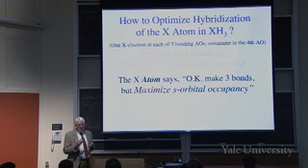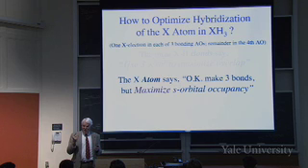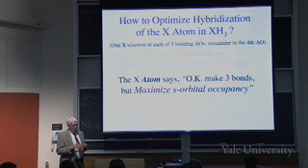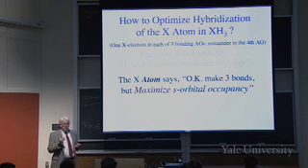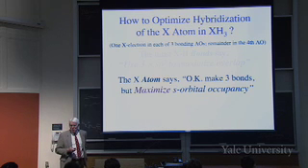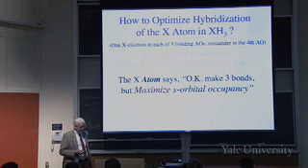So what's the lowest energy you could make for a pair of electrons or for a single electron? What's the lowest energy valence orbital? S. So the atom says, okay, make your 3 bonds, but make sure you don't let the S orbital go begging, right? Use the maximum you can of S orbital, because otherwise you're using high energy atomic orbitals when you might not need to.